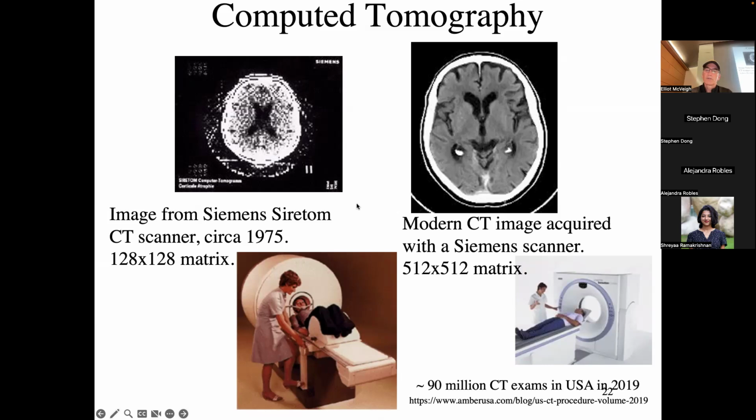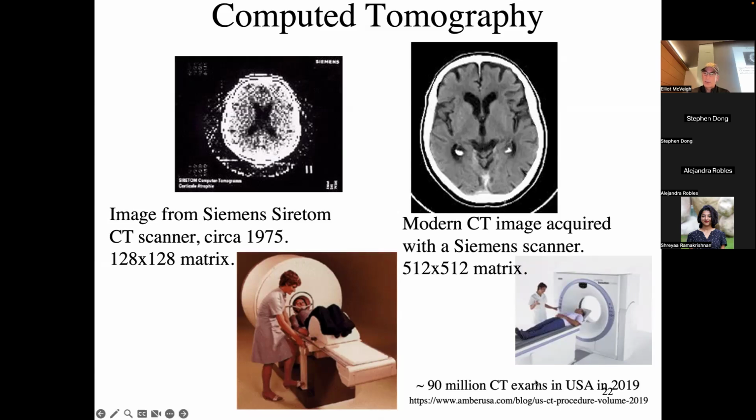Fast forward to 2010, something like that, and you're getting pictures like this of a human brain from a CT scanner, and that is done in about 150 milliseconds, right? So that's the kind of progress of the technology, the speed. It's absolutely terrific.